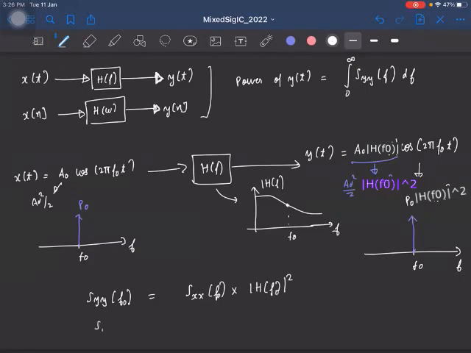So similarly, for any frequency, this will be the power spectral density, right? We'll have a similar expression for a discrete time case also. So the output power spectral density will be mod H of omega square, that is the magnitude square of the LTI filter's response, times the input power spectral density.